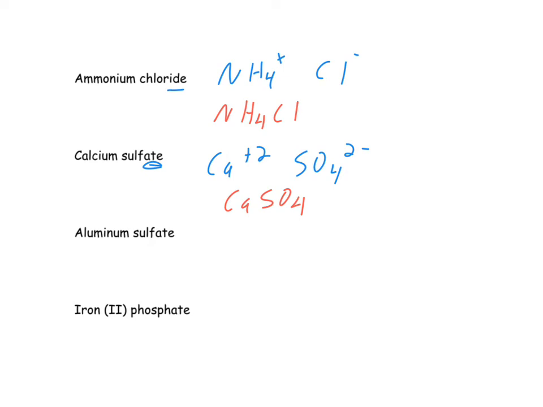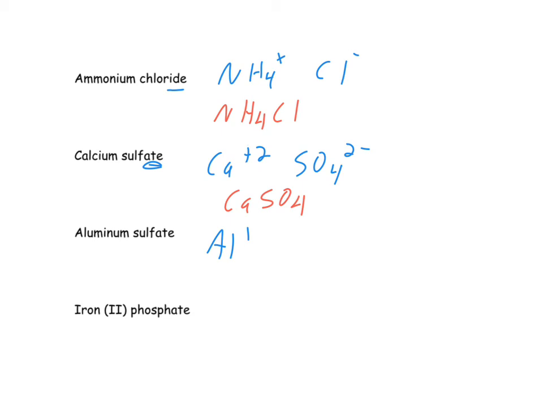Let's do one with sulfate where we are going to have to add some parentheses. Aluminum is plus 3. It's in group 3A. Again, our sulfate, SO4 2 minus. It doesn't matter if you say 2 minus or minus 2. I'm not that picky.